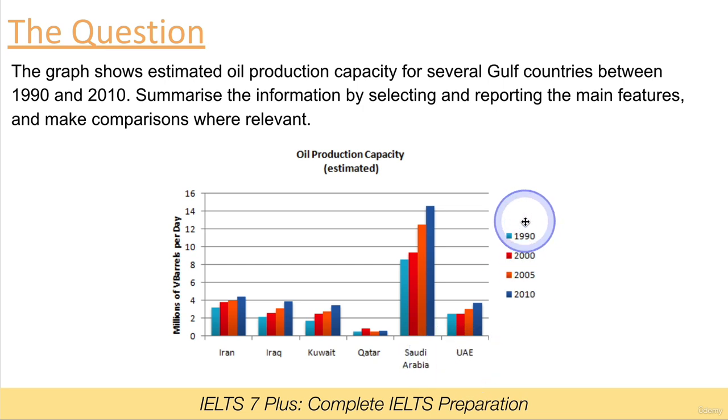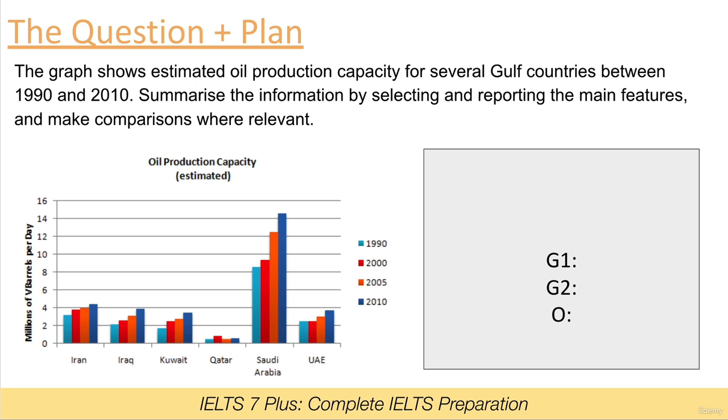And these are the years, 1990 to 2000, that's 10 years, then 5 years from 2000 to 2005, and 2005 to 2010. Sorry, this was the x-axis. Along the y-axis up here, millions of barrels per day. Okay, so that's what we're looking at.